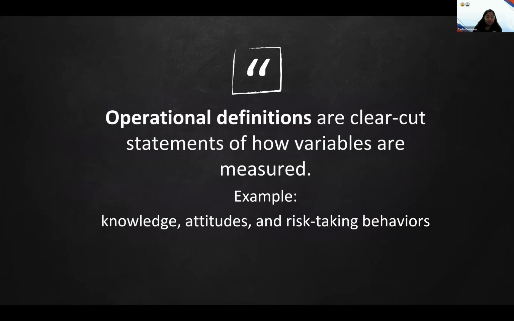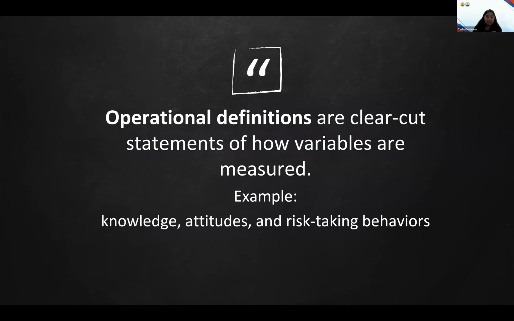Also, when you look at problem statements, you would see the term operational definitions. They are clear-cut statements of how variables are measured. You will discuss further about the variables in the study, but the variables are those statements or words that are being studied or measured.